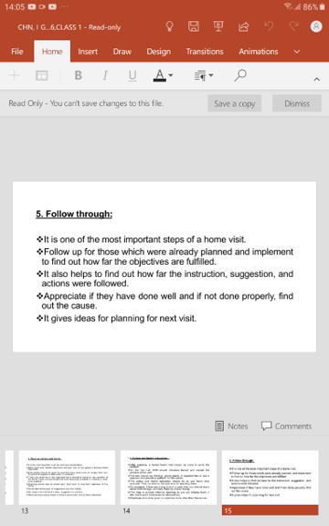So for those who have done it, we should appreciate them, and for those who have not, we should find out why they have not followed the nursing care services to solve their problem. It gives an idea for planning the next visit. Once the problems of one family are solved, it will give encouragement for the nursing care services of community health nursing at the next home visit.